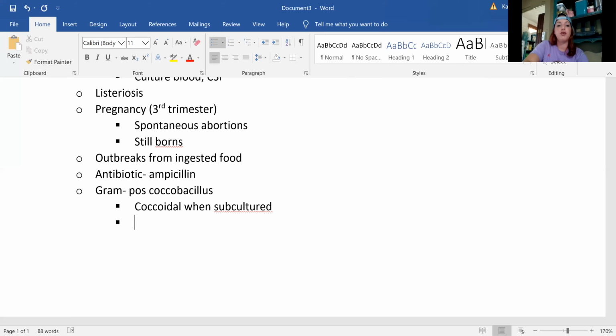And once you do that, they're often coccoidal. They're either single or in short chains, or they can also be palisades. Y'all remember what palisades are? In rows. Yep, parallel. And these gram-positive coccobacilli are not usually seen on CSF.